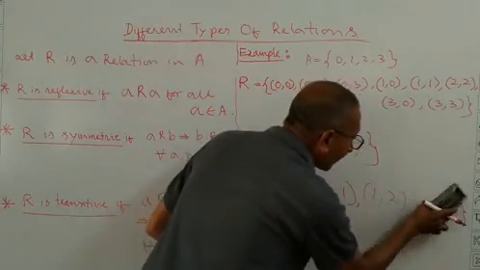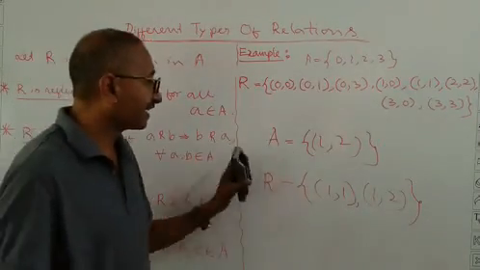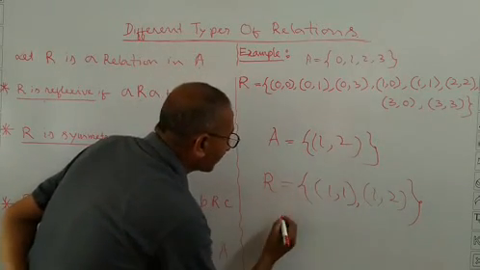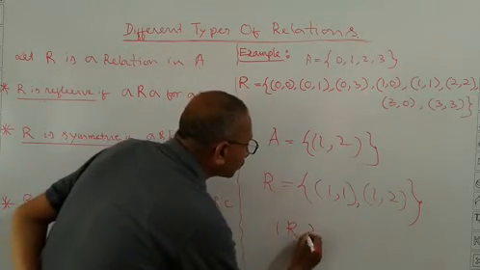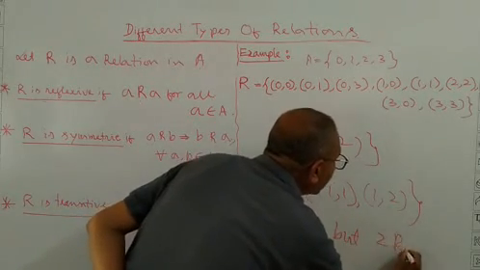But if it is not there at all, then we will say no, it is not a symmetric relation. The reason we will write in this way, it is not symmetric because 1 is related to 2, but 2 is not related to 1.